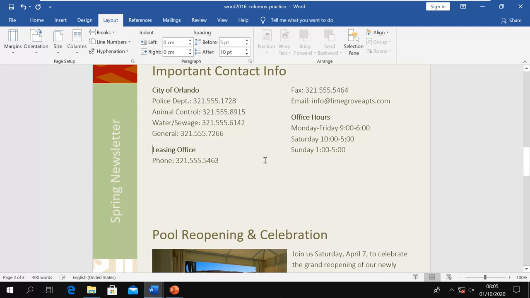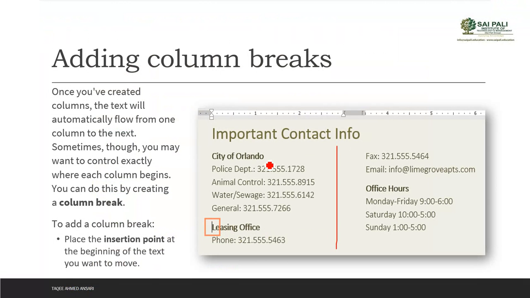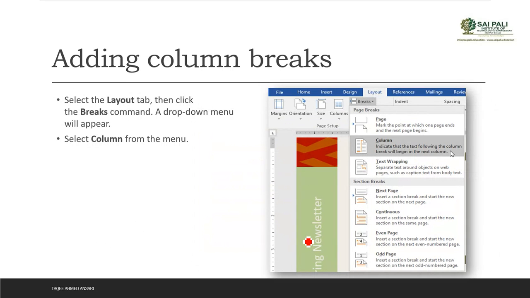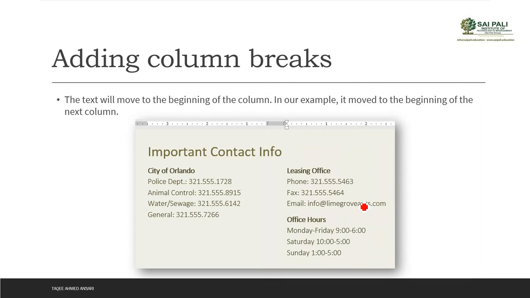So here I want to put the column break, and that is why sometimes you want to put the column break. So just place the insertion point where you want the column break, and then again go to the layout tab and break, and you can select this column break. So when you click it, the text which you have selected will start from the new column.